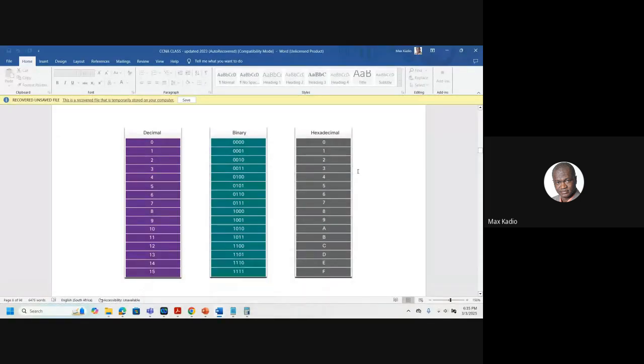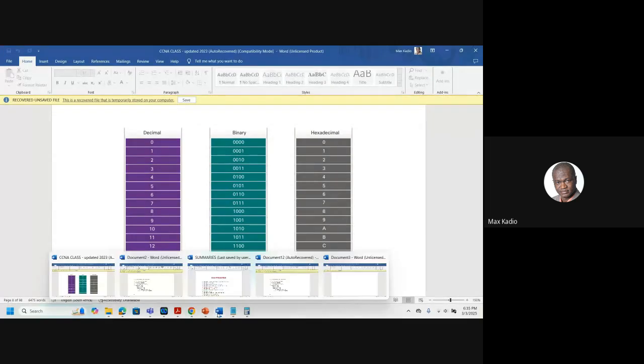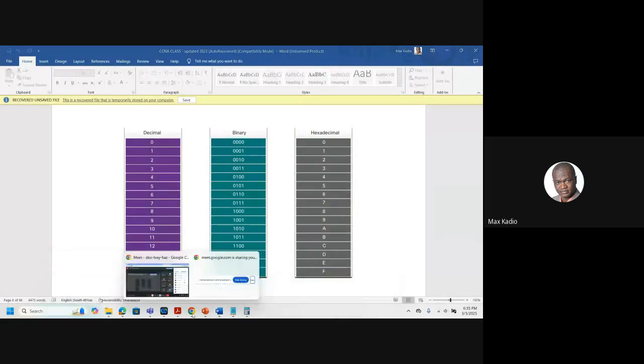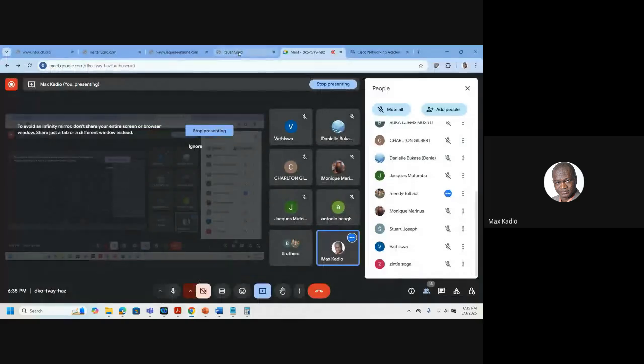No, we cannot copy because it's not Microsoft Word. I need to fix this licensing stuff from Microsoft. Okay, I'll fix it a bit later.